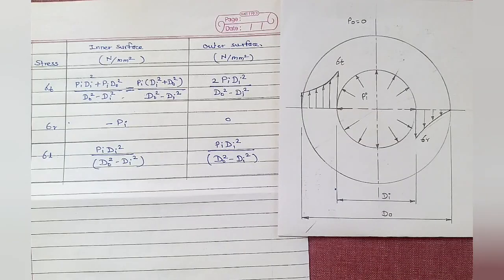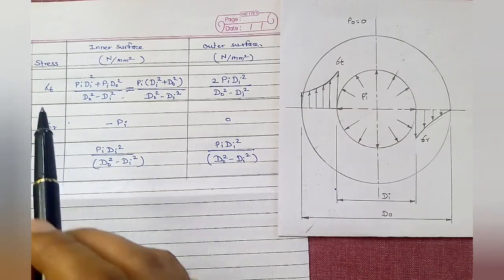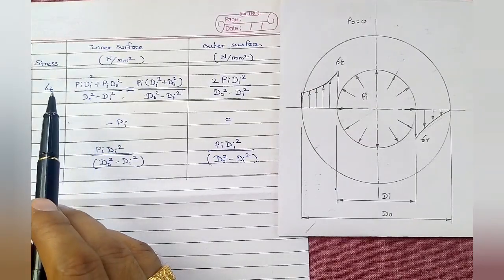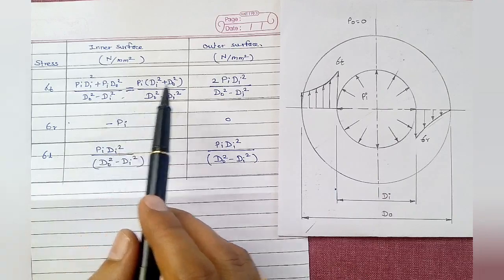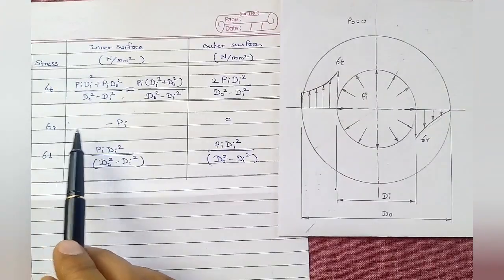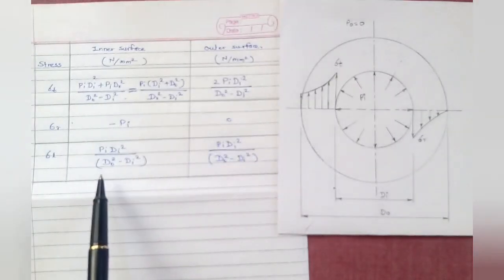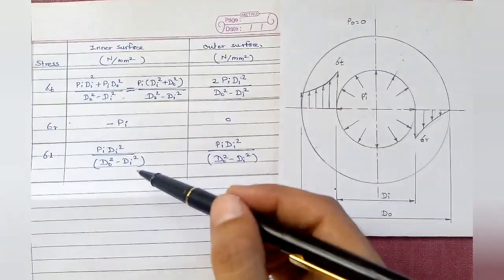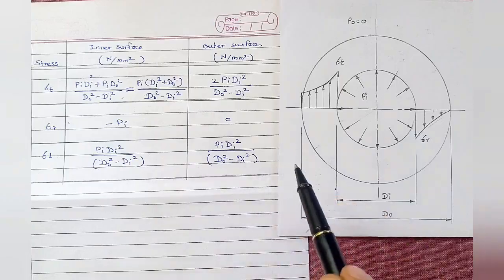Let us summarize the values of these principal stresses in a tabulated format: the value of sigma t at inner surface and at outer surface, the value of sigma r at inner surface and at outer surface, and the value of the longitudinal stress, which is constant, so it will be the same for inner and outer surface.